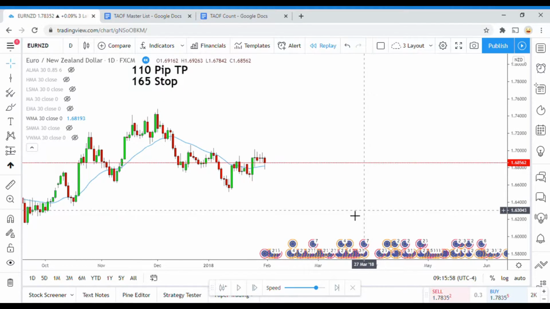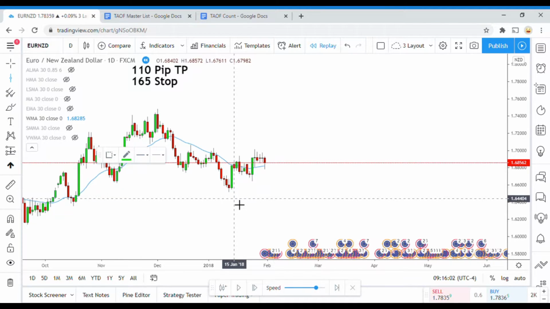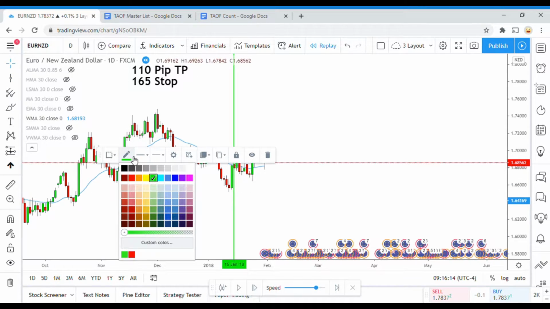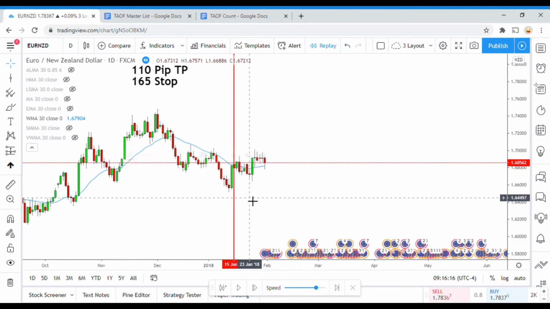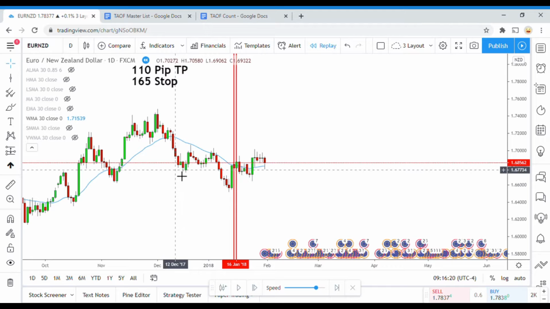Let's see here. We had a few crosses here. Let's see. That one technically didn't cross up. It opened up above, then came back down. So let's see. It's a losing trade on that one.